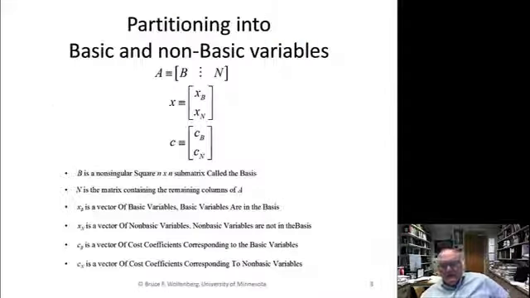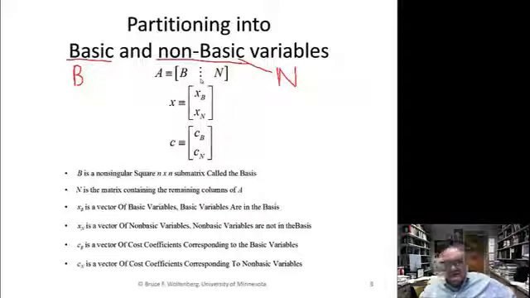So we partition the set into basic and non-basic variables, and the basic has the B, and the non-basic here we call N. So A is partitioned into B and N, and x is partitioned into partly B and partly N, and so is the cost. There's cost coefficients that are basic and non-basic, and you can see them down here.